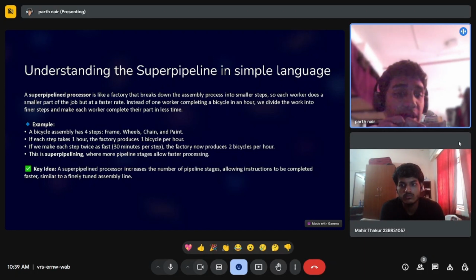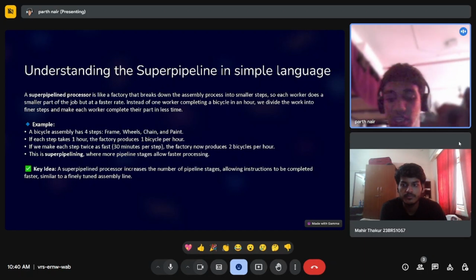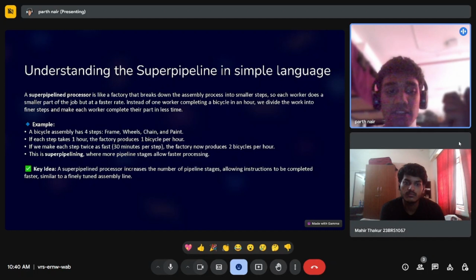But if we make each step twice as fast, that means 30 minutes per step, the factory now produces two bicycles per hour. This is called super pipelining, where more pipeline stages allow faster processing. So the key idea here is a super pipeline processor increases the number of pipeline stages, allowing instructions to be completed faster, similar to a finely tuned assembly line.